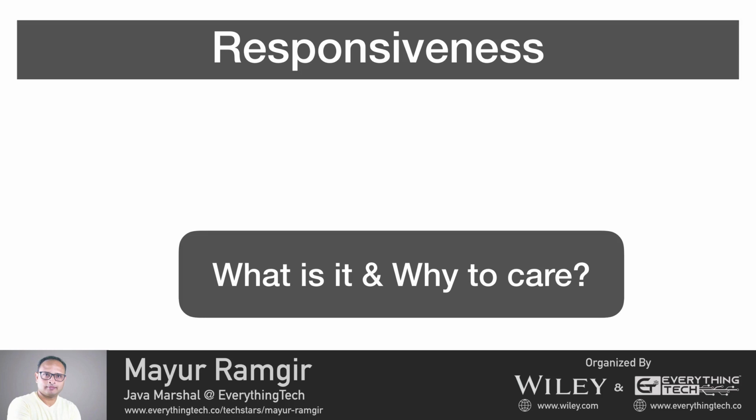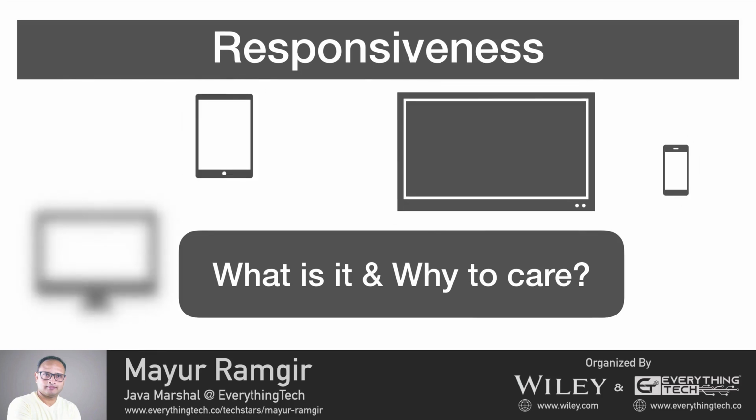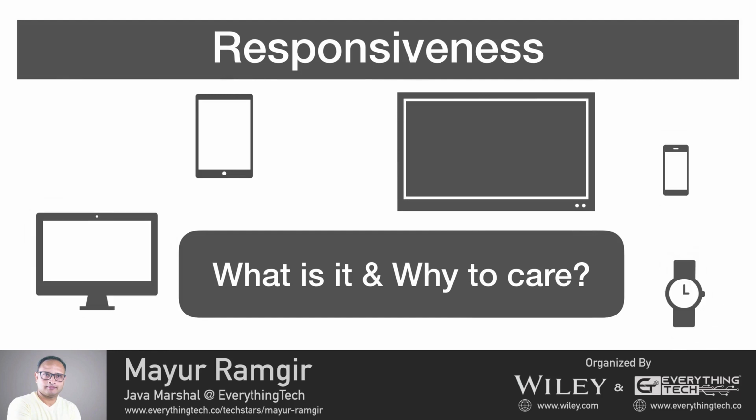Nowadays we have a lot of different devices with varied screen sizes like TV, iPad, mobile, computer screen, smartwatch, etc. And hence it is important to make sure the page looks good on all these devices.